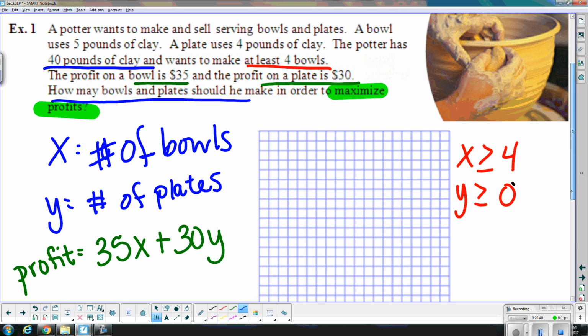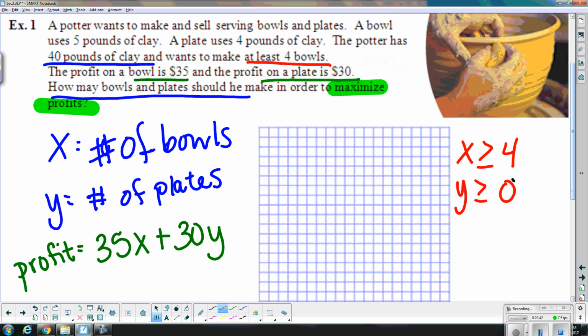So a constraint for this information is we know that a plate uses 4 pounds and a bowl uses 5 pounds. So 5 pounds for every bowl plus 4 pounds for every plate has to be less than or equal to 40.